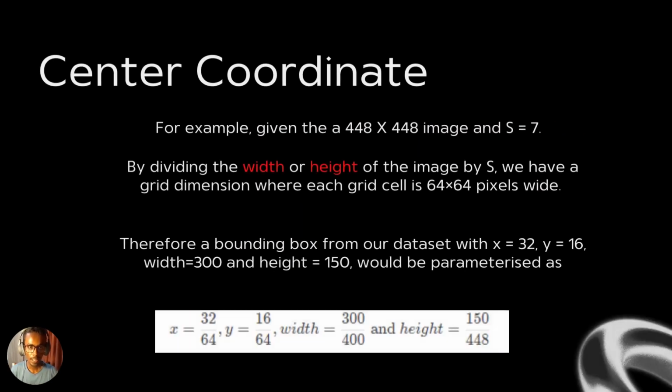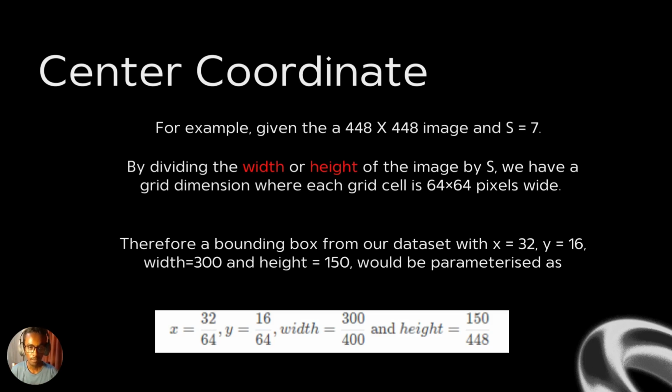So let's take a look at an example. If you're given an image which is 448 by 448, and we divide that image into a grid cell that is 7 by 7, by dividing the width and height of the image by S, which is 7, we have a grid dimension where each grid cell is going to be 64 by 64 pixels wide.